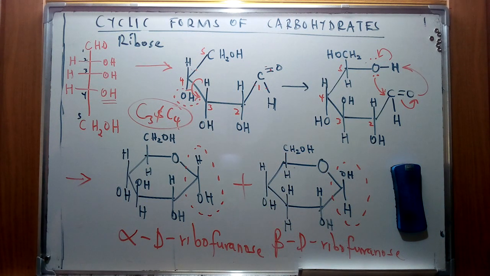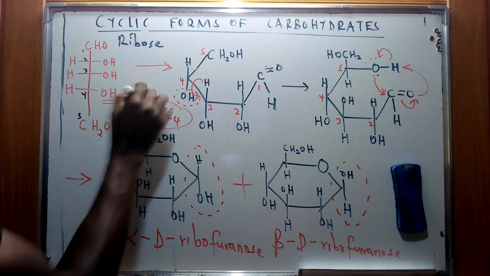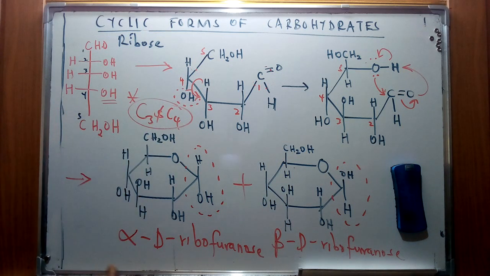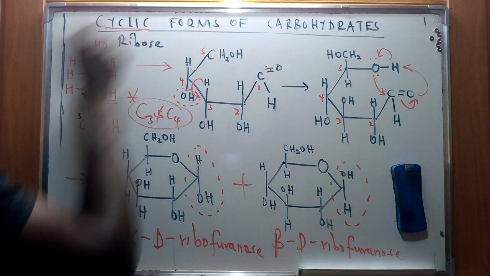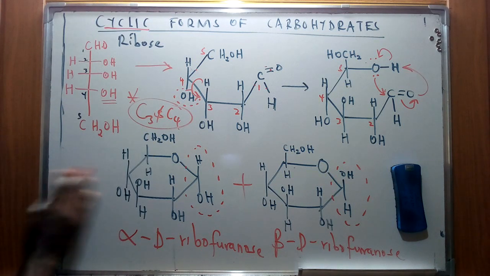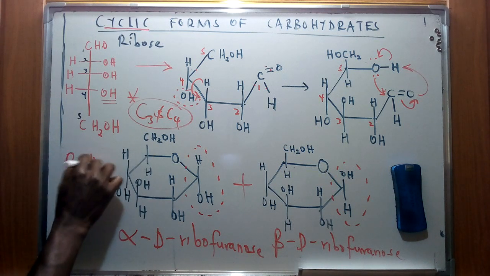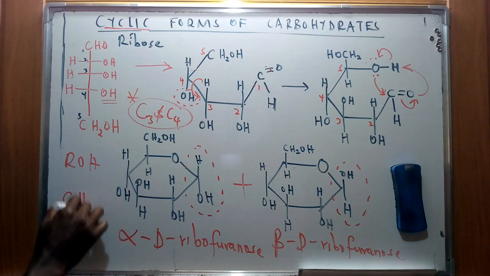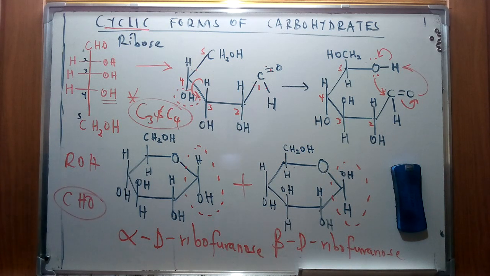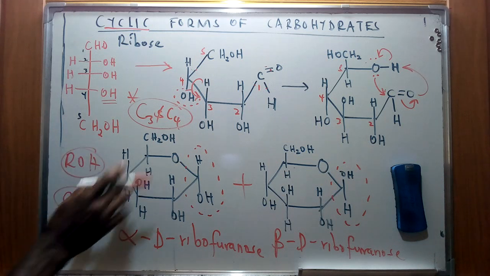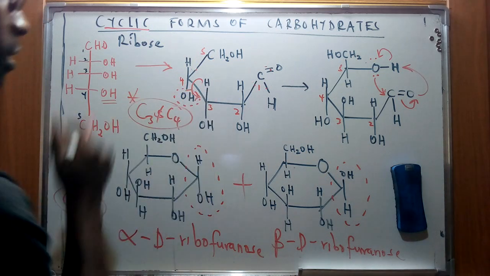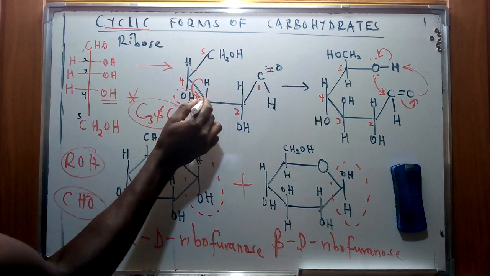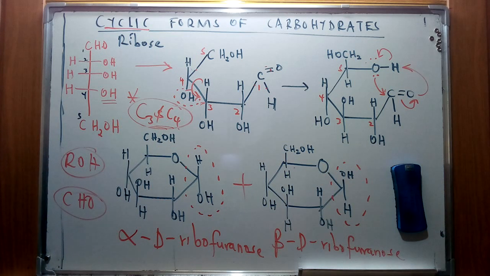Now, the essence for us is to take note of this specific rotation, so that we can contrast it from the previous examples that we have been doing regarding the formation of cyclic compounds, where it involves the reaction between an OH group and the aldehyde group. Now, in this case, it is resulting from the rearrangement of this specific carbon due to the rotation at carbon number 3 and 4.